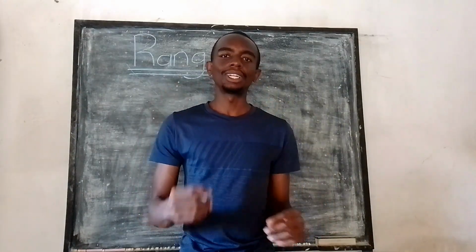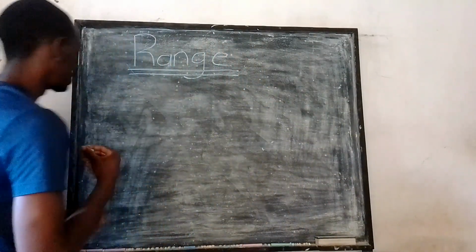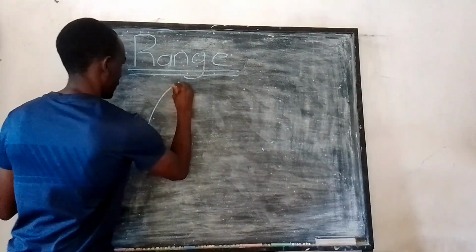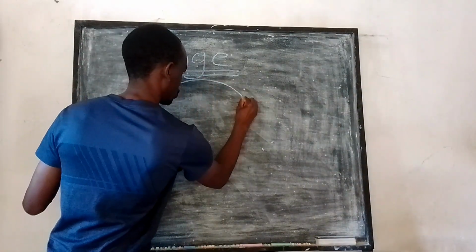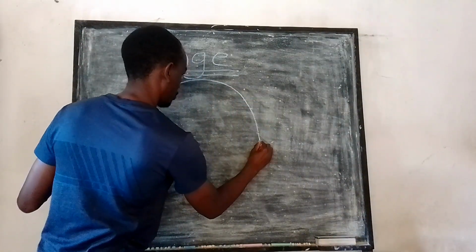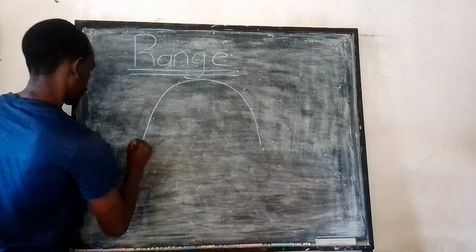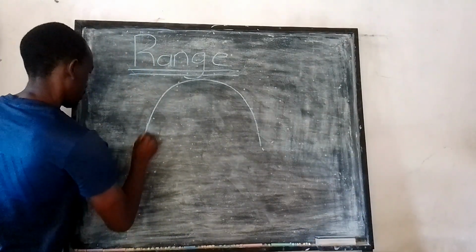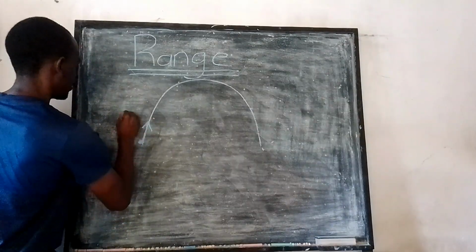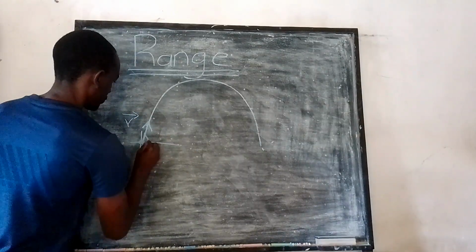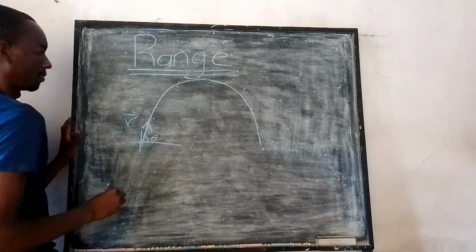So what is range? Range in projectile motion, let's picture our parabola over here, which is the trajectory of a projectile that has been launched, say, from this point with a velocity v at an angle of theta.